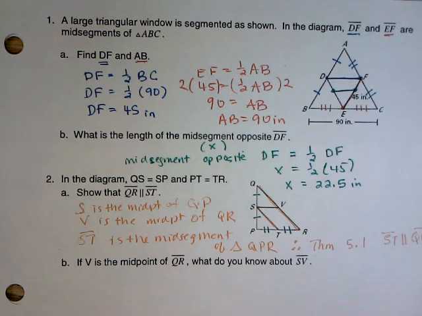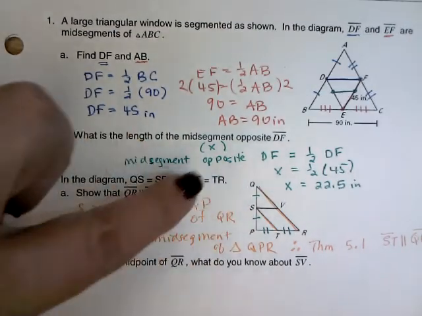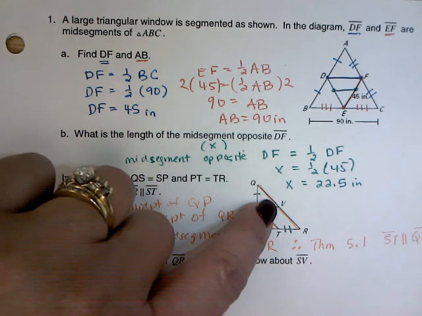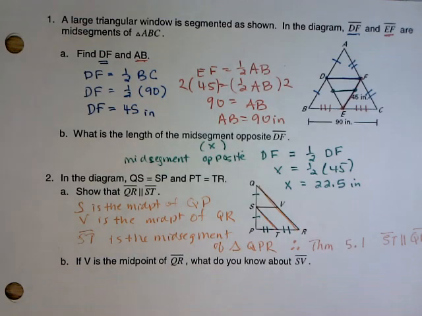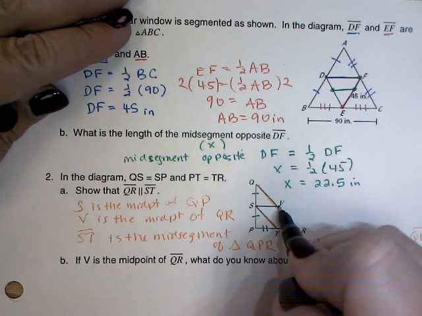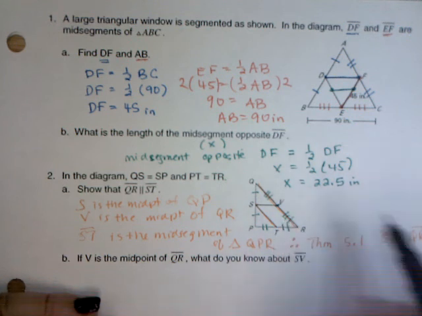Okay, part B says if V is the midpoint of QR, what do you know about SV? Well, if V is the midpoint of QR, then we know that SV is a mid-segment. Because if this is a midpoint right here, then this segment is congruent to this segment.